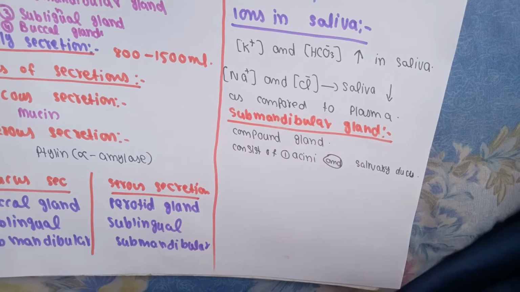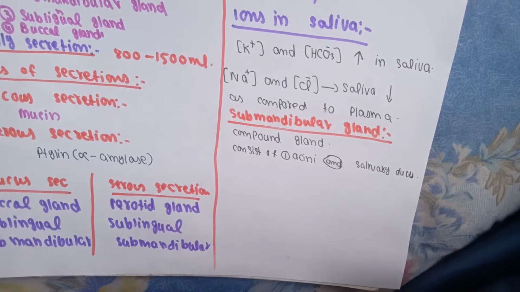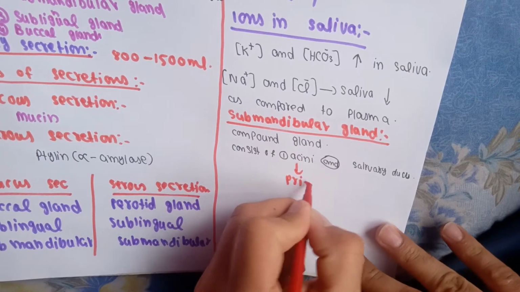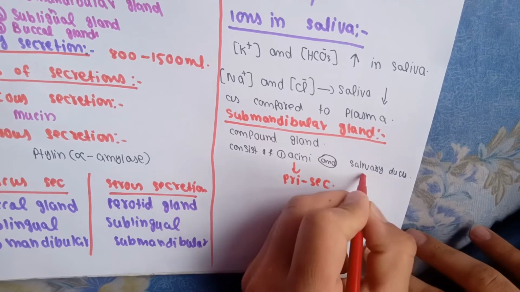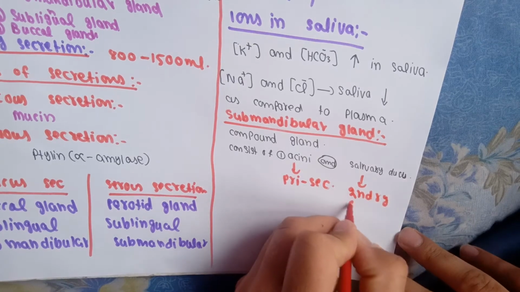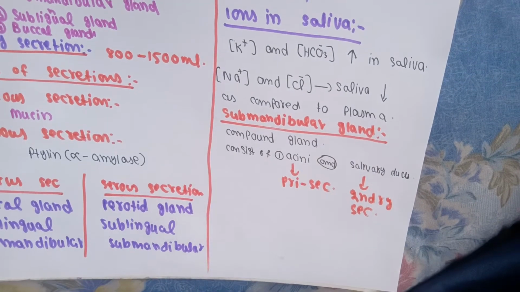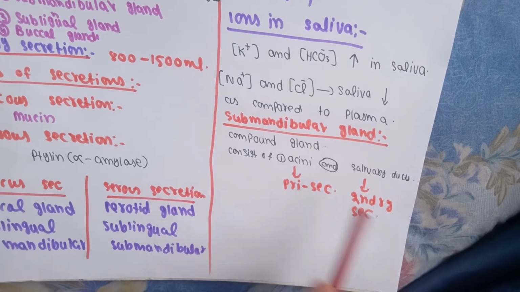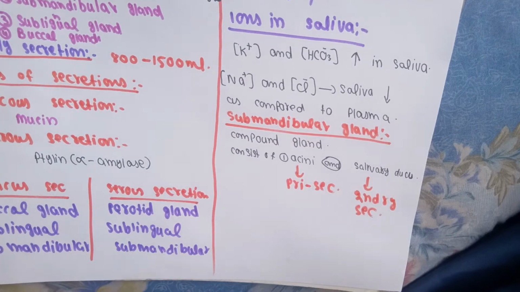Acini mainly perform primary secretion, and the salivary duct performs secondary secretion. So it consists of acini and salivary duct which perform primary and secondary secretion respectively.